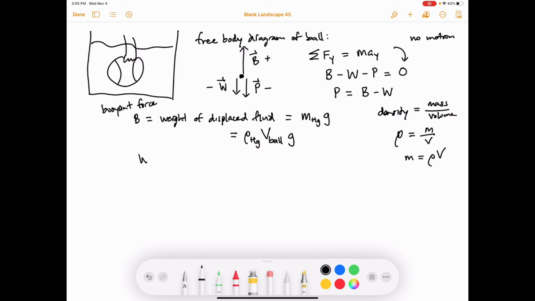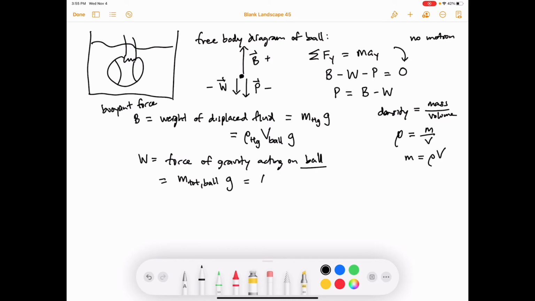Okay, the weight is the force of gravity acting on the ball. So it has nothing to do with the mercury. This is just the force of gravity acting on the ball, which would be the total mass of the ball times g. We can actually split this up into two parts, right?